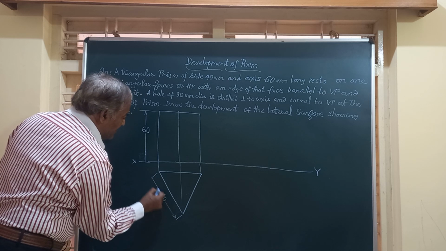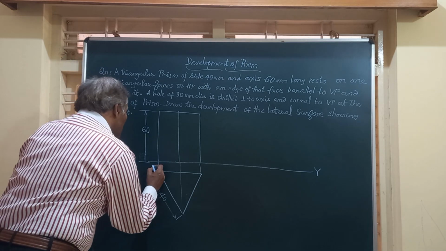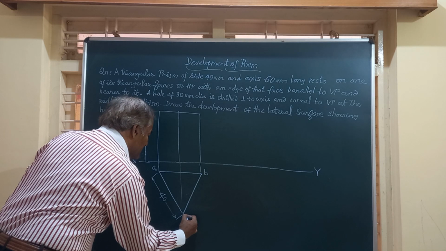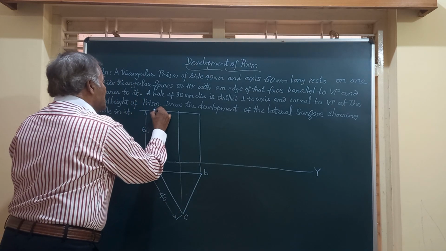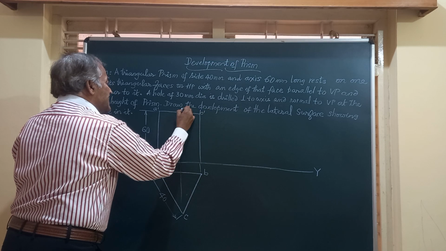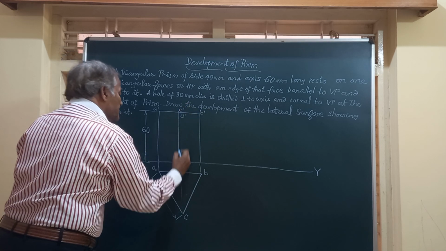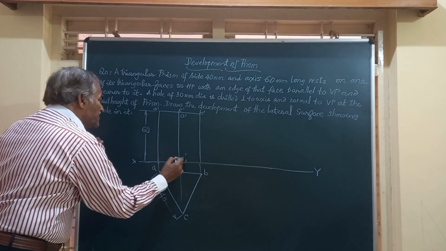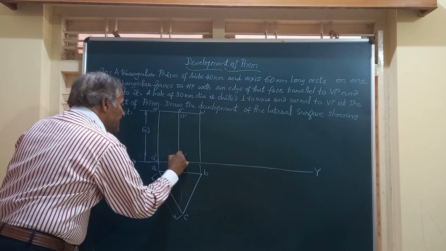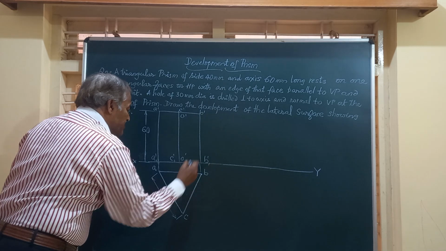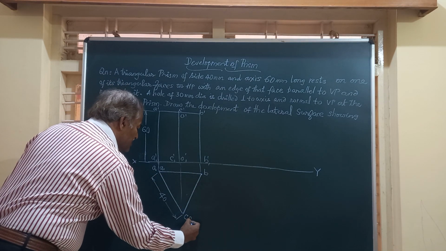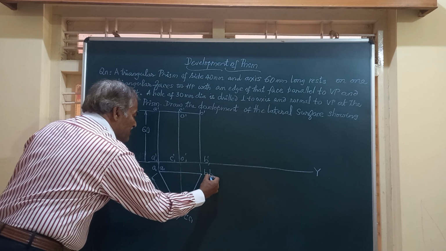We will name the corners as A, B, C, then here A dash, B dash, C dash, and for the bottom face A1 dash, C1 dash, B1 dash, marking AA1, CC1, BB1.